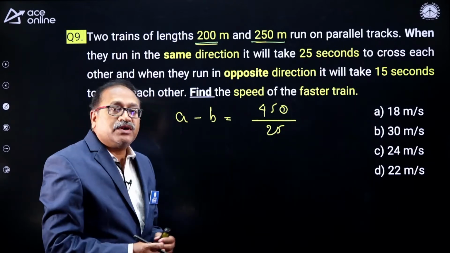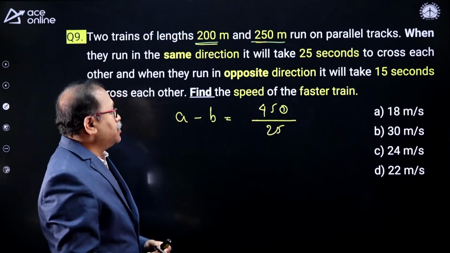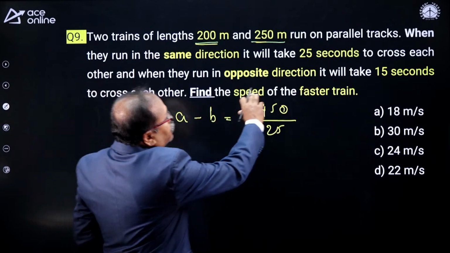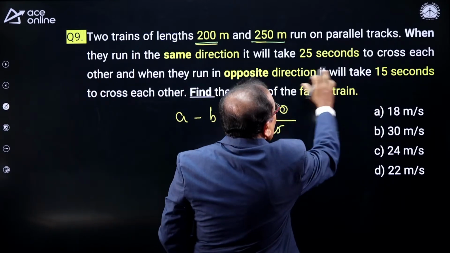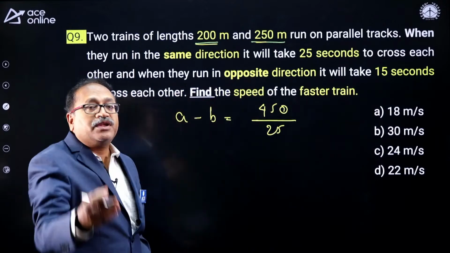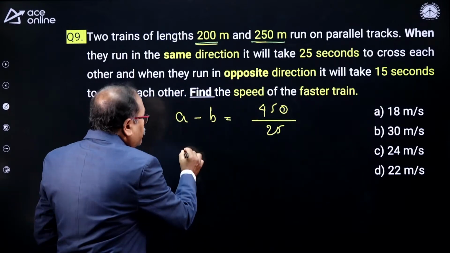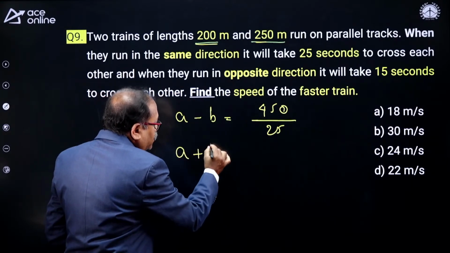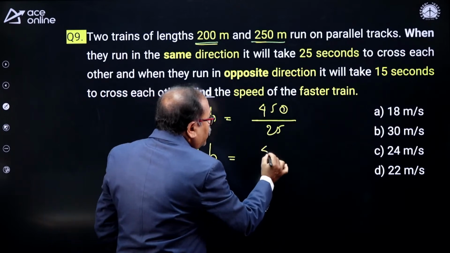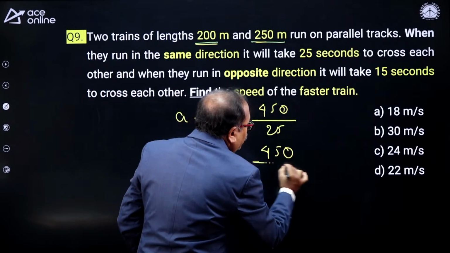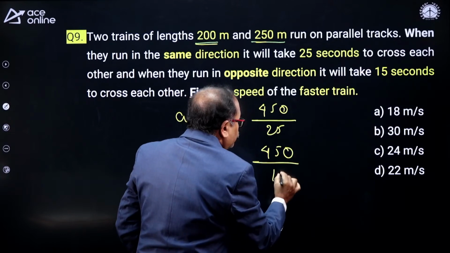Now, this will give us the relative speed A minus B. And if I go with the other one, when they are moving in opposite directions, it takes 15 seconds. That means it is A plus B, which is 450 divided by the time.